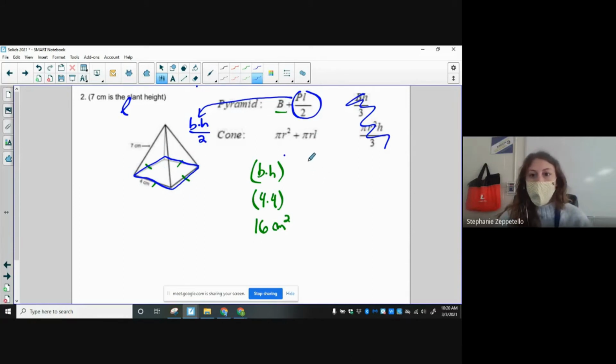So there's that part. But big P L. Sorry, that looks terrible. So the base perimeter is going to collect those for me. So 4 times 4 is 16.